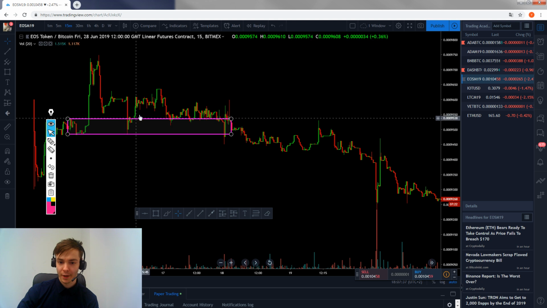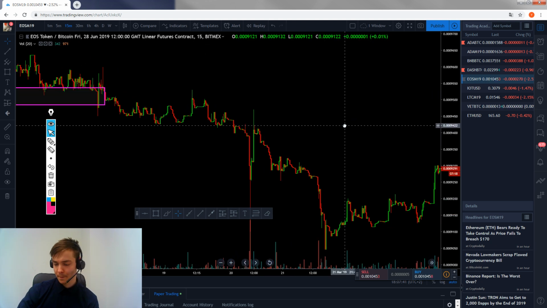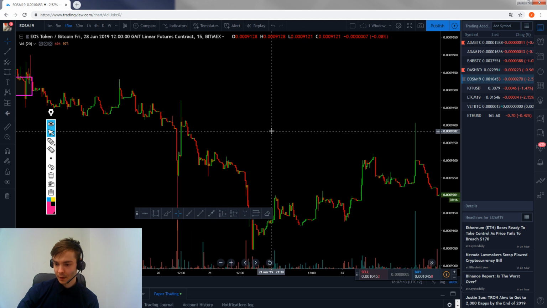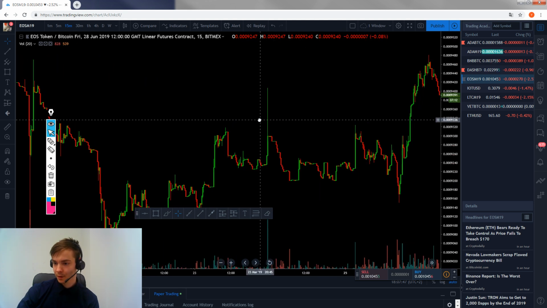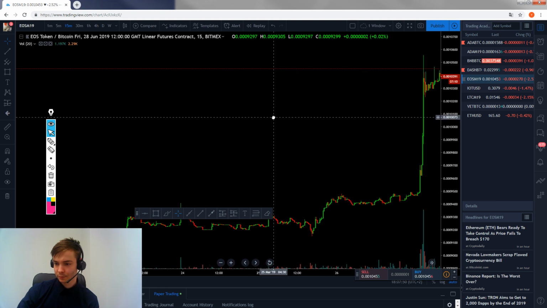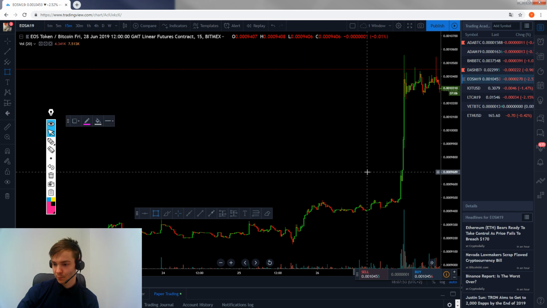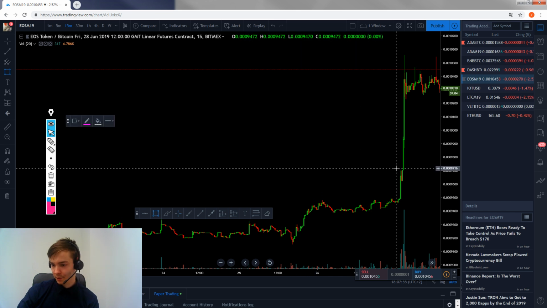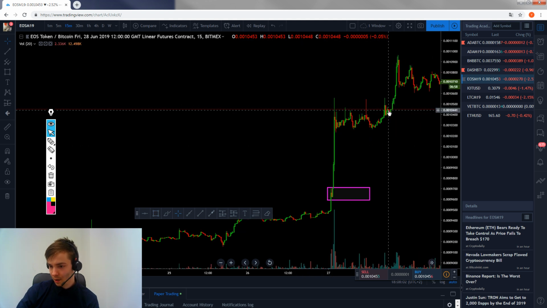If it is slow like here, it won't be working so much. Okay, let's see that more. Okay, we are now seeing some really impulsive movement. It's starting from this structure. We will see how the market reacts on that. Also here.